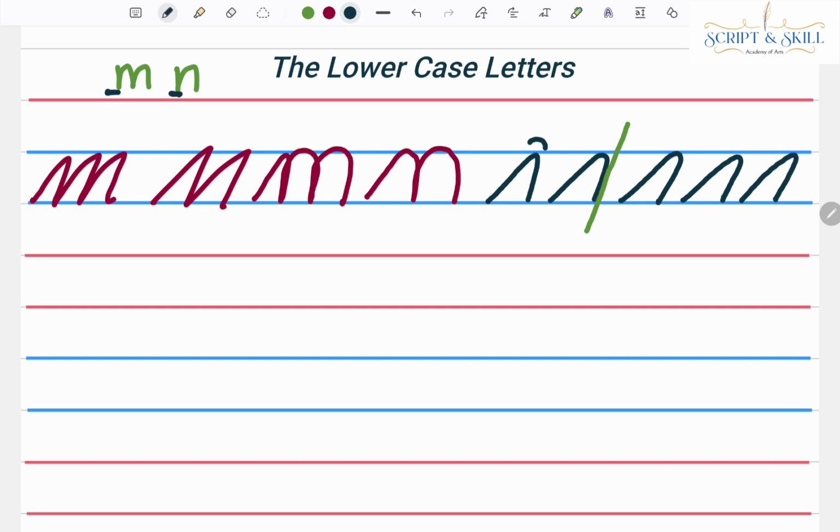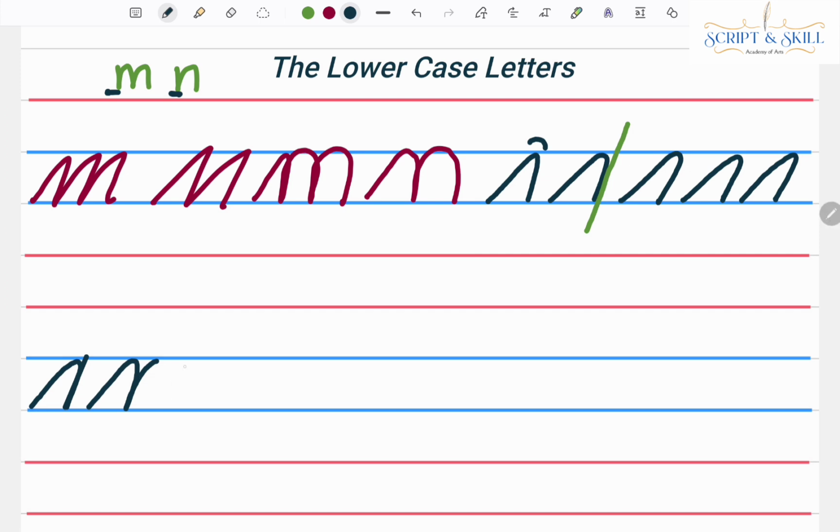This is the stroke that connects the letters M and N with the previous alphabet. So once you're done with that, you need to retrace it, not all the way up to the blue line. You need to leave some space. Okay, so that's going to make your letter look clear and pretty too.